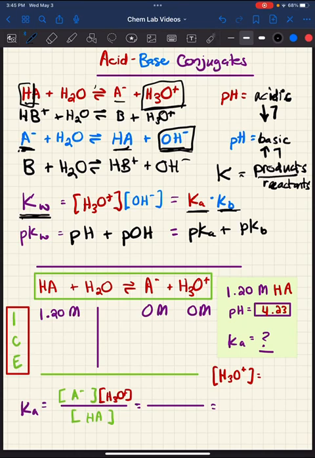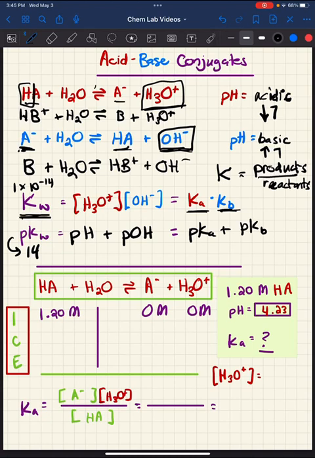And since Kw is 1 times 10 to the negative 14, the pKw is 14. So the pH plus pOH will always add up to 14, and the pKa plus pKb will always add up to 14.